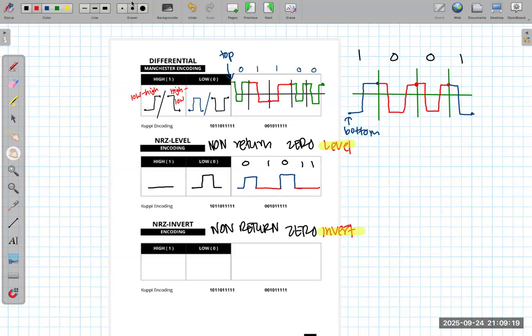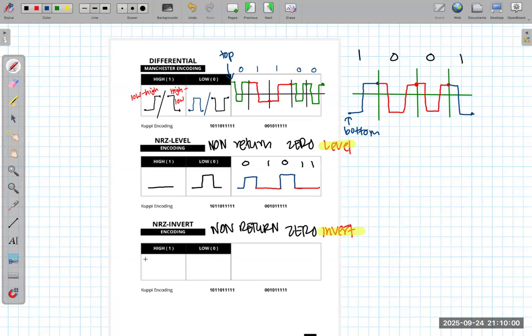Okay, good. People, hurry. Let's get into non-return zero invert. 1 and 0.